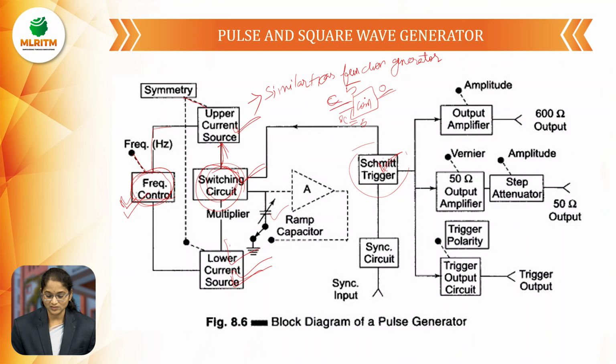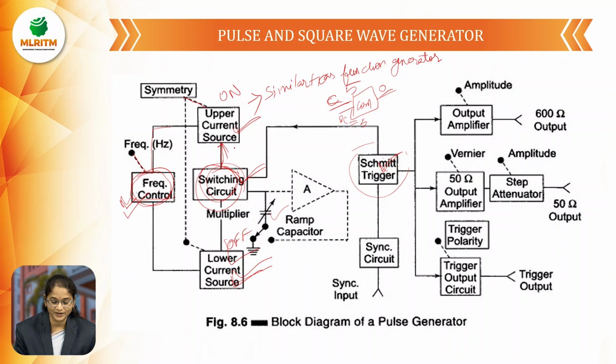Whenever the capacitor voltage reaches 5, we get the output as 0, and the switch is in the off state. When the upper constant current source is on, the lower constant current source is off. We will discuss how we generate the basic square signal.